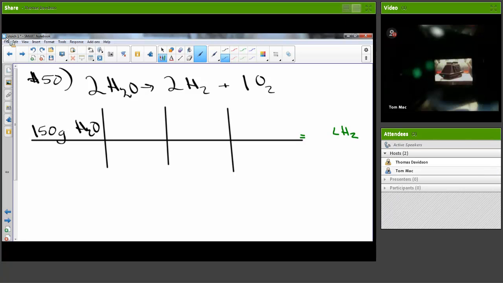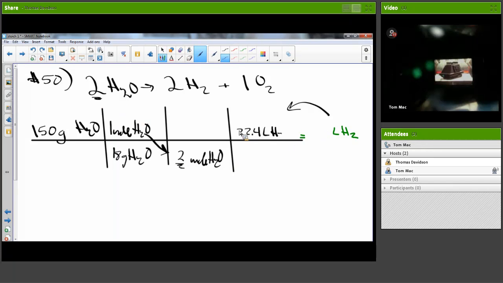Quick, and then we'll show you one last trick. So we had 150 grams H2O. Grams is always attached to 1 mole of the same thing. So what has to come down here? Mole of H2O. There's a 2 in front of that. Then, liters of H2, so 22.4 liters of H2.